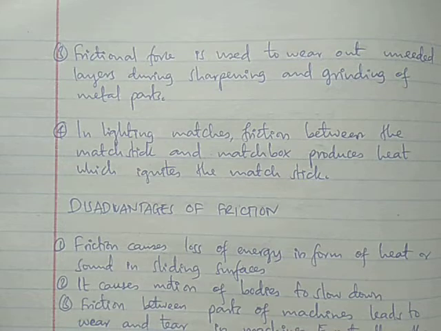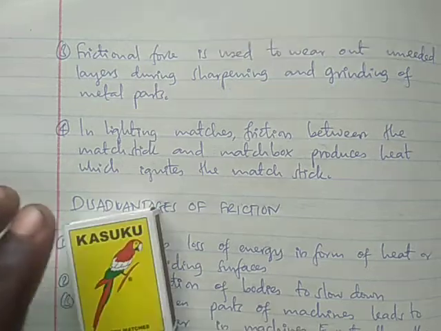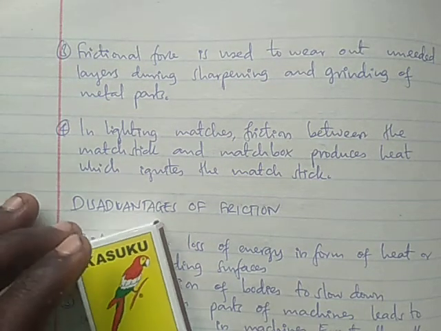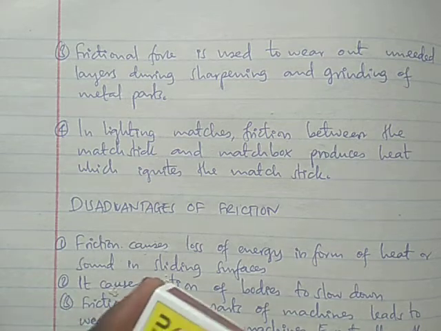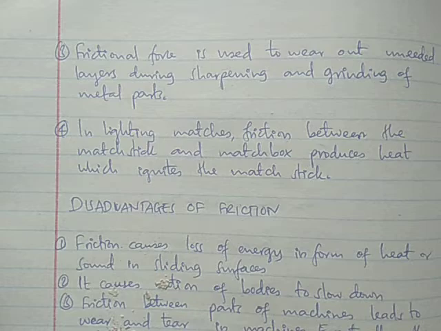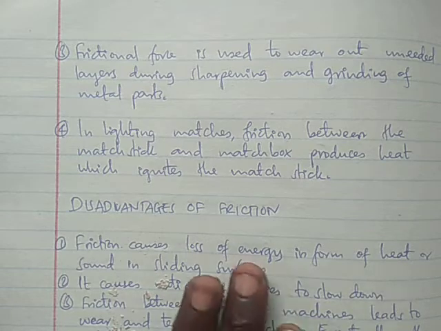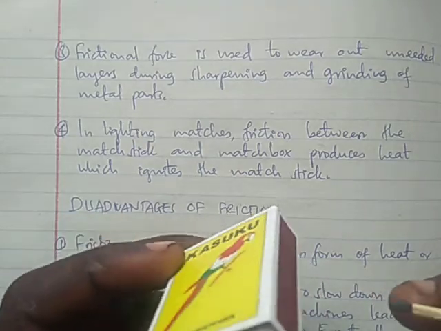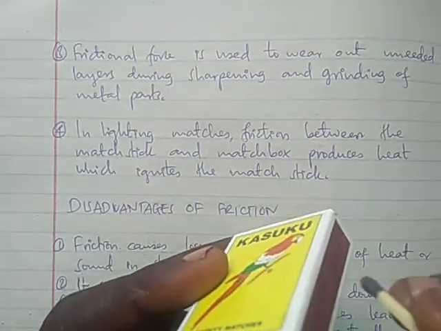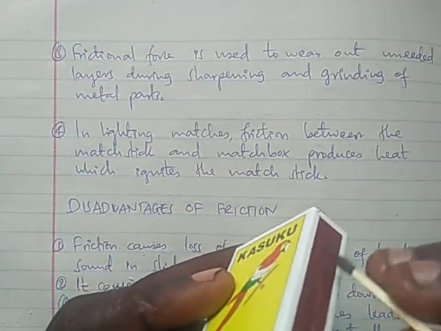And number 4, in lighting a match. Our friend kiberiti, we are using it every day. So when we are lighting it, it requires friction force, simply because if we don't have friction, that means it is impossible. Hapa ndo maana huwa pakiwa wet, if this surface is wet, that means inakuwa ni impossible, you see.